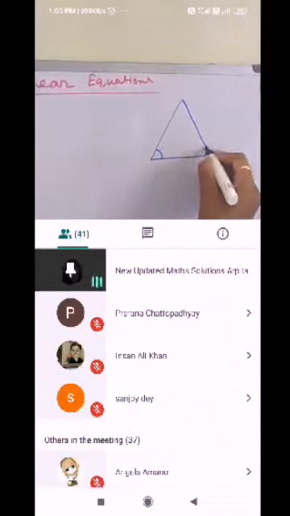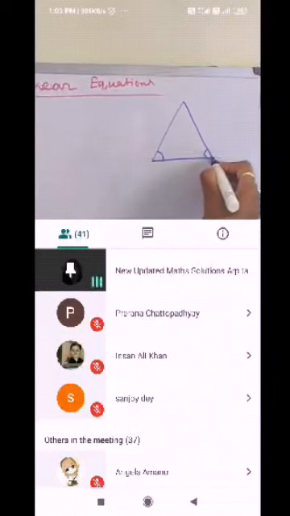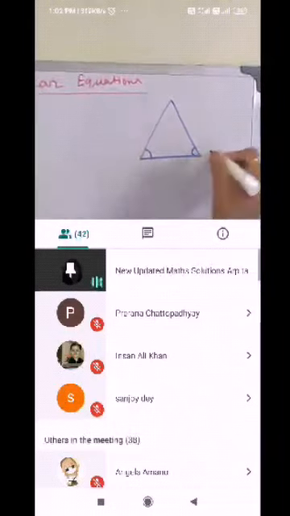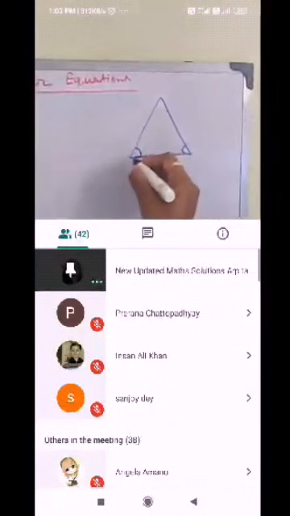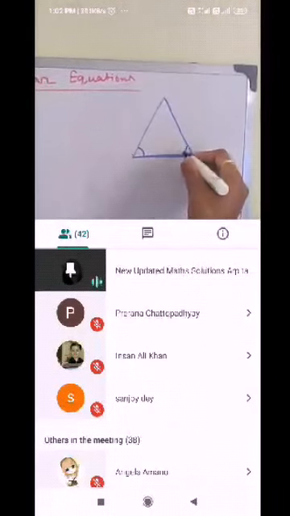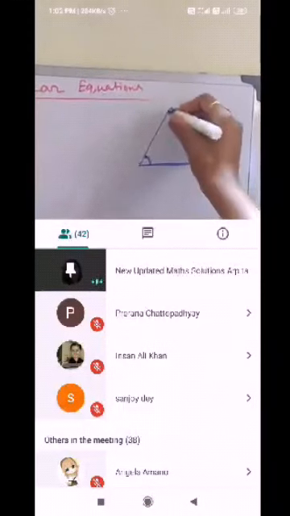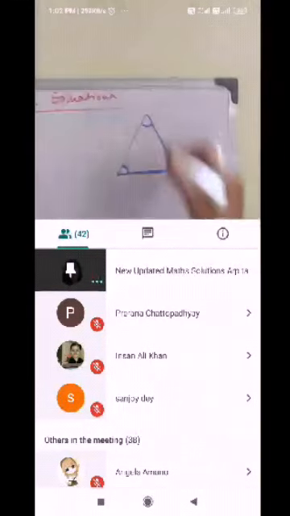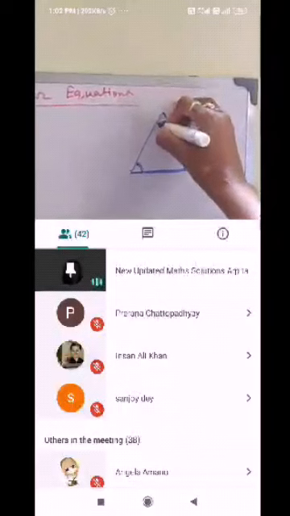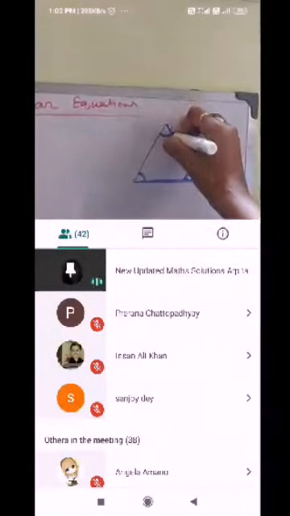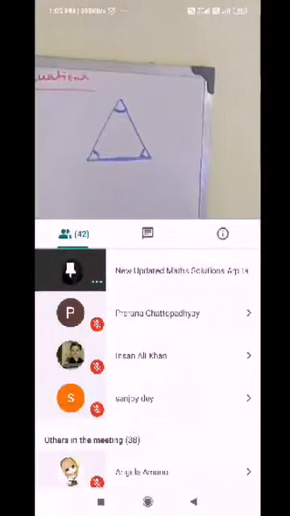These are called base angles because this is the base. Base means the line lying on the ground. This is the vertex, so the angle formed here is the vertex angle.